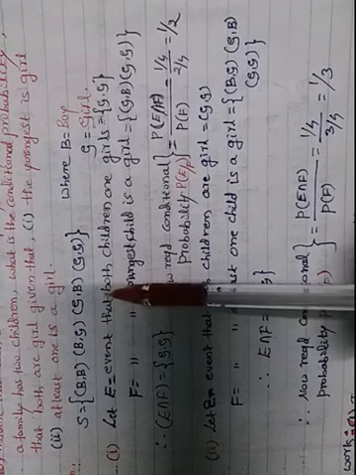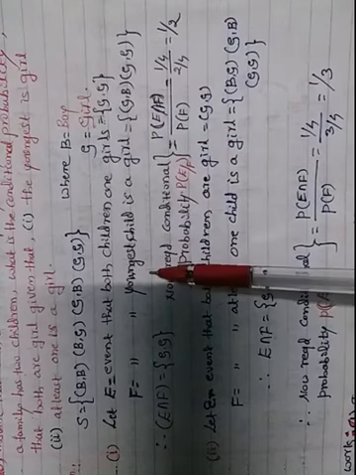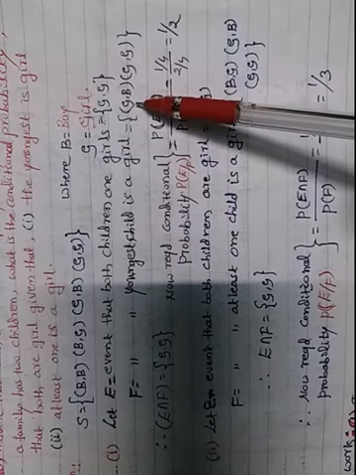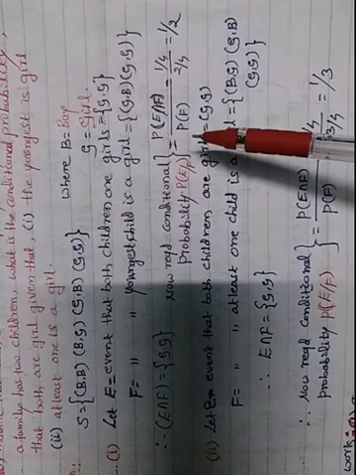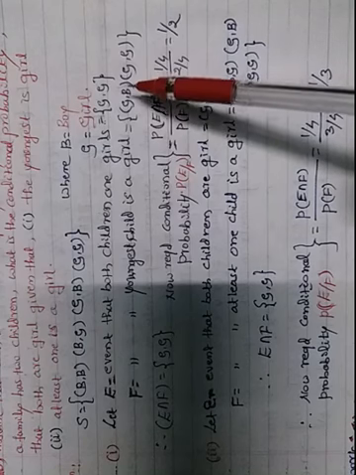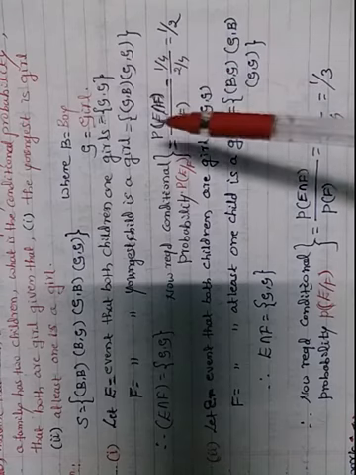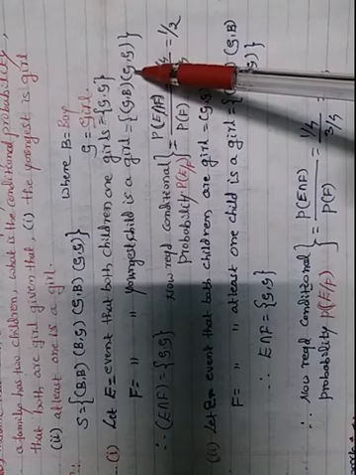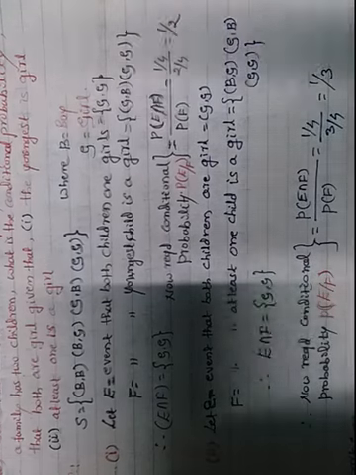Here G and B, G. But according to the youngest child being a girl, one is G, second one may be boy. Second time the first one is G, second time also girl.